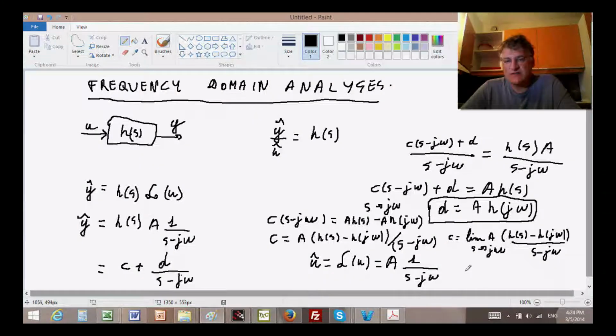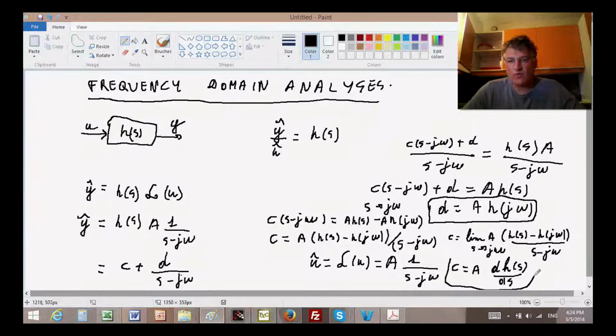Now h is made of real coefficients in front of the variable S, so we can say that C must be equal to A times dh of S ds, the derivative of h with respect to the variable S, where that derivative is taken as if S were a real number.